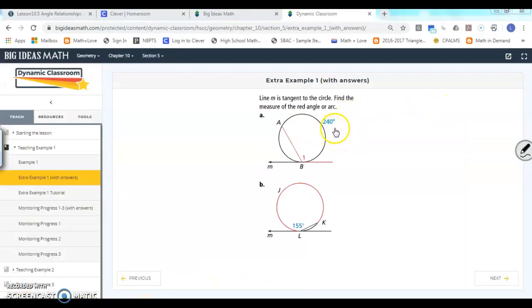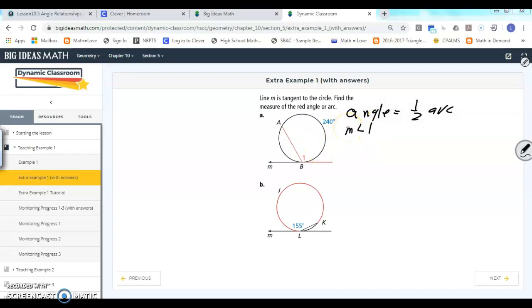In this example, line M is tangent to the circle. Find the measure of the red angle or arc. Since this angle is formed by the chord AB and the tangent line M, we're going to use the formula angle is equal to 1/2 of the arc. The angle that we're looking at here is angle 1.